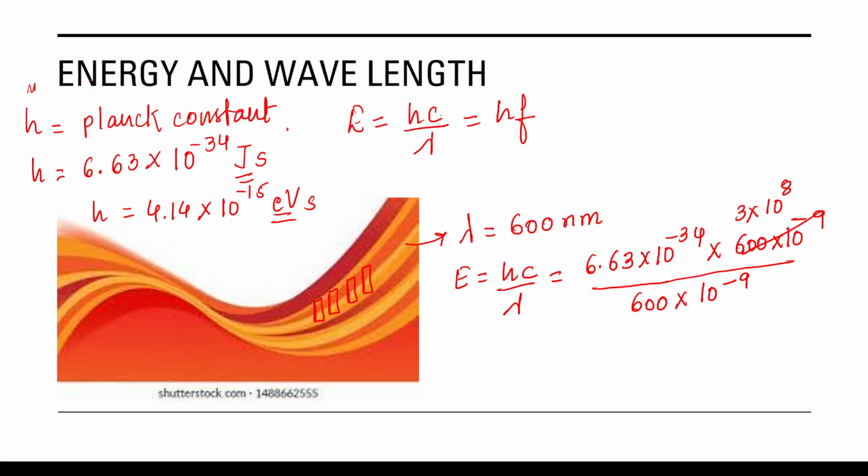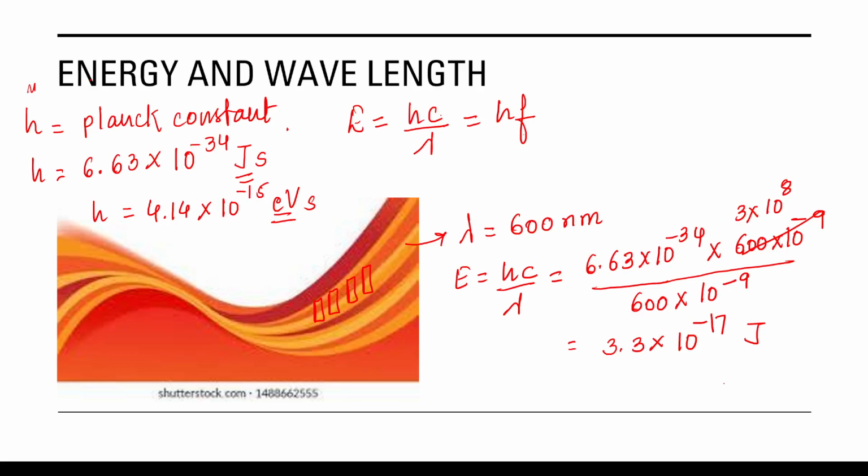So each photon of orange light will have this much energy, 3.3 times 10 to the power minus 17 joules. Wherever you see it, a photon of orange color would have this much energy.